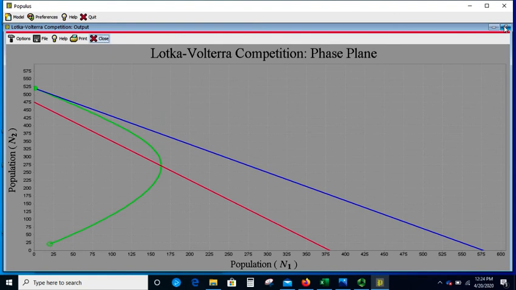And then we have the population size for species 1 graphed against the population size for species 2, and we've got those zero growth isoclines. And the green line you see is basically the population size trajectory, so basically where it starts and then where it ends.